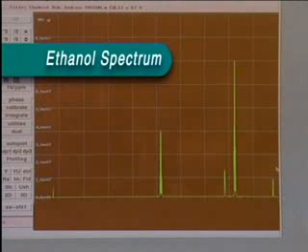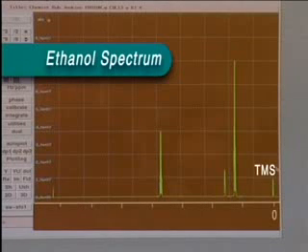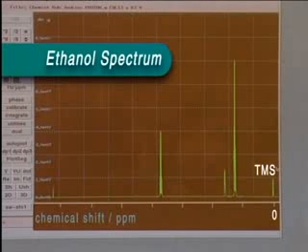Here is the spectrum of ethanol. The peak to the far right is that from the TMS reference. By definition, this is at 0 parts per million, ppm. The distance leftwards along the horizontal axis is called the chemical shift, and it is measured relative to the peak that is obtained from the hydrogen atoms in TMS.